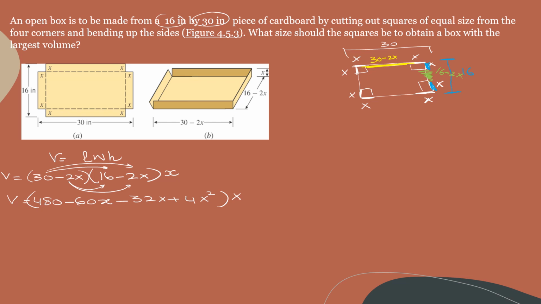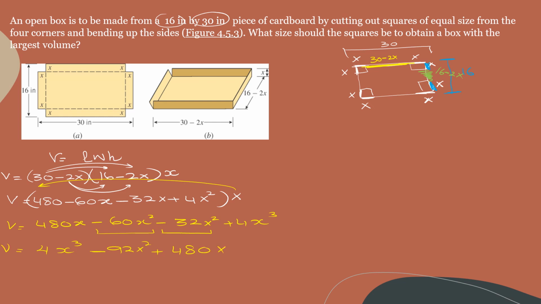Now open the bracket by this x value. So we will get 480x minus 60x squared minus 32x squared plus 4x cubed. Now this is x squared and here is x squared, so minus 60 minus 32 gives us minus 92x squared. Here we have 4x cubed, and plus 480x. This is the equation of the volume.